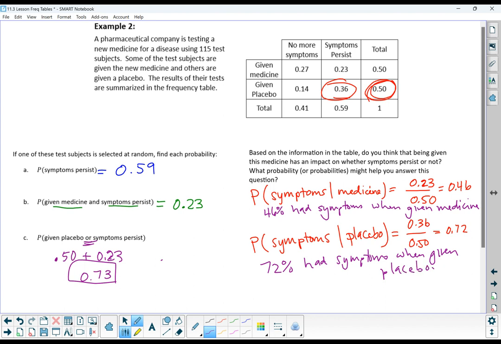So to me, that helps me to see that maybe the medicine did have an effect, because they were a lot less likely to have symptoms when they were given the medicine. So there's other ways you could think about answering this question. It's pretty open-ended here, but that's one of the things you could think about.